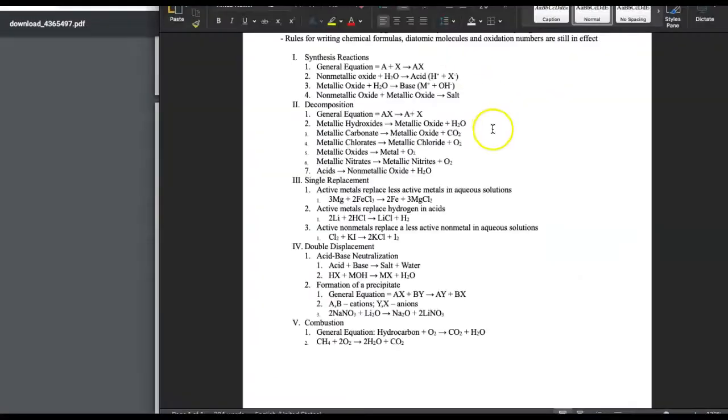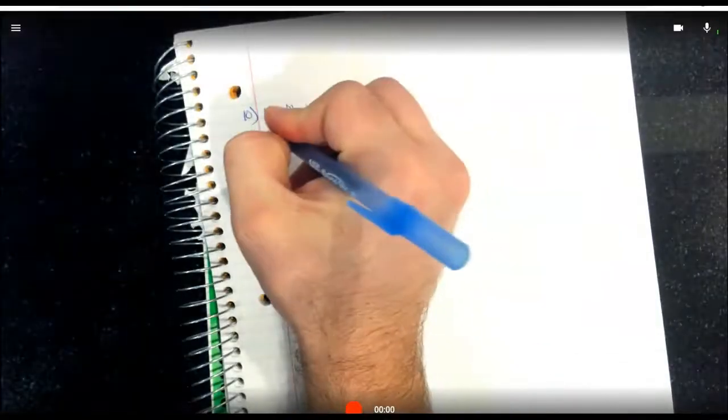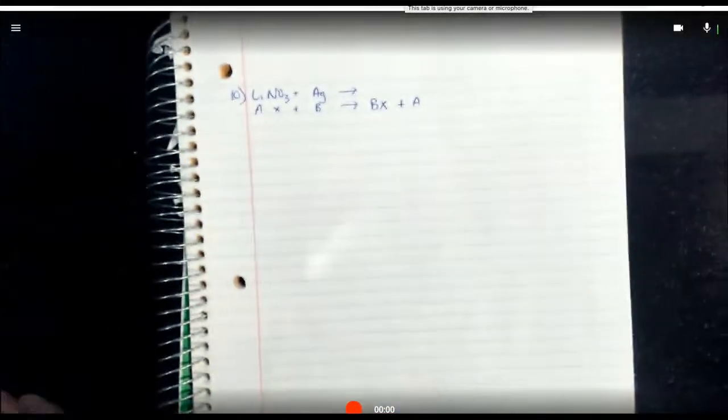Okay, so anytime you have a compound plus a solo element, that's going to be a single replacement reaction. So for this single replacement reaction, we have AX plus B, where B replaces the A to give us BX and A. So this is going to be a single replacement reaction.